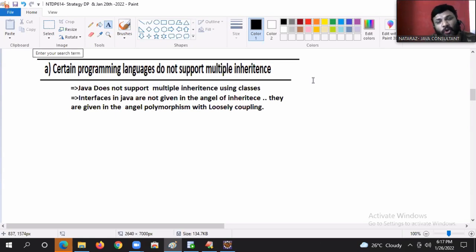That's why don't look at interfaces from the angle of inheritance. People present it like inheritance. Look at interfaces from the angle of polymorphism. One interface with one method declaration. Class 1 implements it and writes its own logic for method 1. Class 2 implements the interface and writes its own logic for method 1.